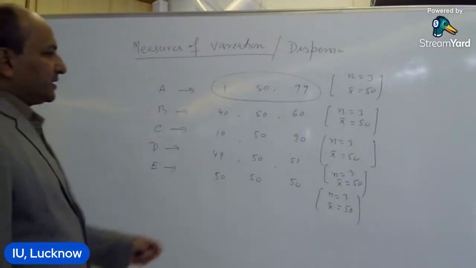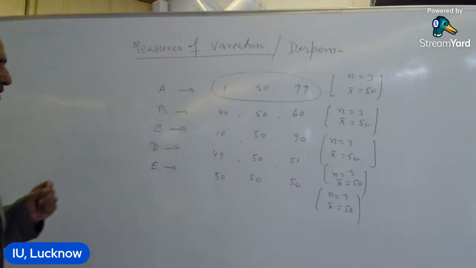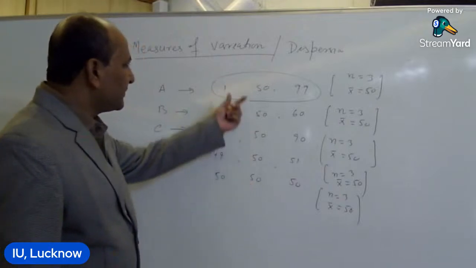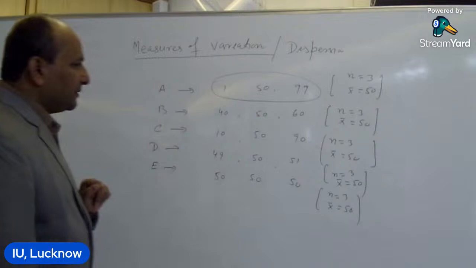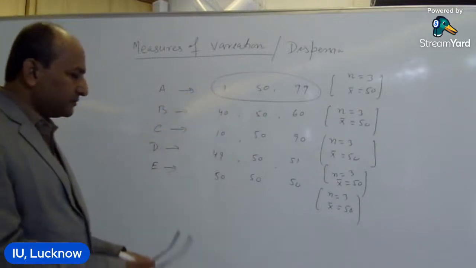Here the difference is the distance from the mean value. All the sets of observations have the mean 50, but the differences of the other observations from the mean are different.